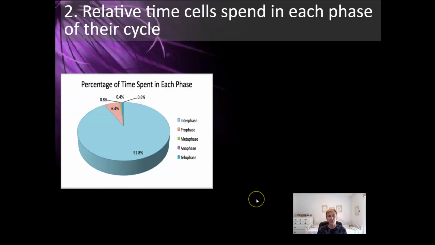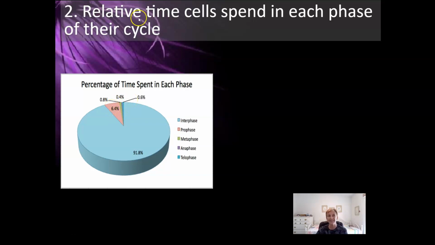You need to know the relative time cells spend in each phase of their cell cycle. Relative means not an exact amount. It would be like the majority of the time is spent in interphase, which we can see from this pie chart. Within mitosis, you could say the majority of the time is spent in prophase.